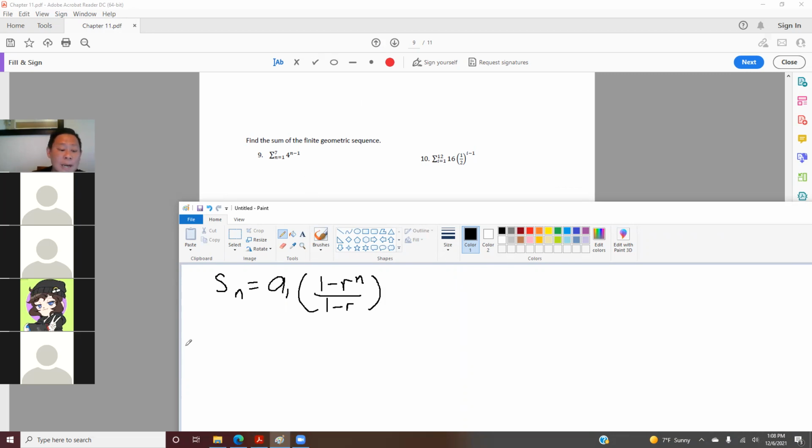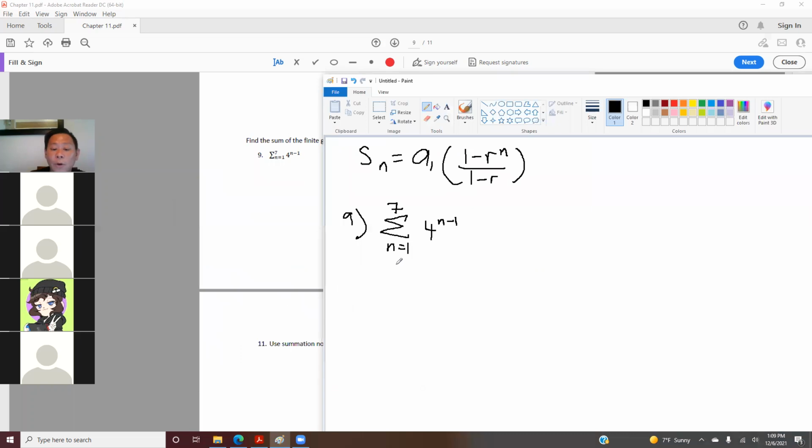For question number 9, the summation in this case is from n equals 1 to 7, of 4 to the n minus 1. Now, I would really like you guys to give me the geometric sequence here. Just 3 terms is enough.